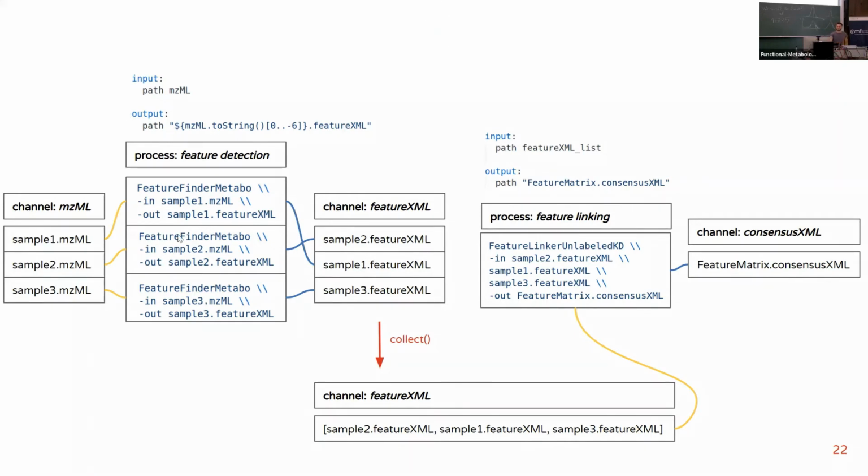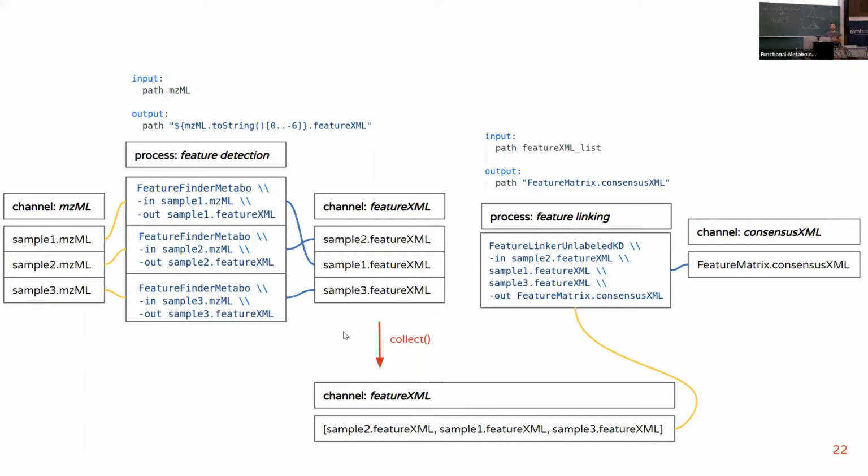And as you can see here, these 3 tasks that are executed have the real sample names in them, because the command function call gets automatically generated. And then in an asynchronous way, they are all finished at some point, and the featureXML channel is populated.